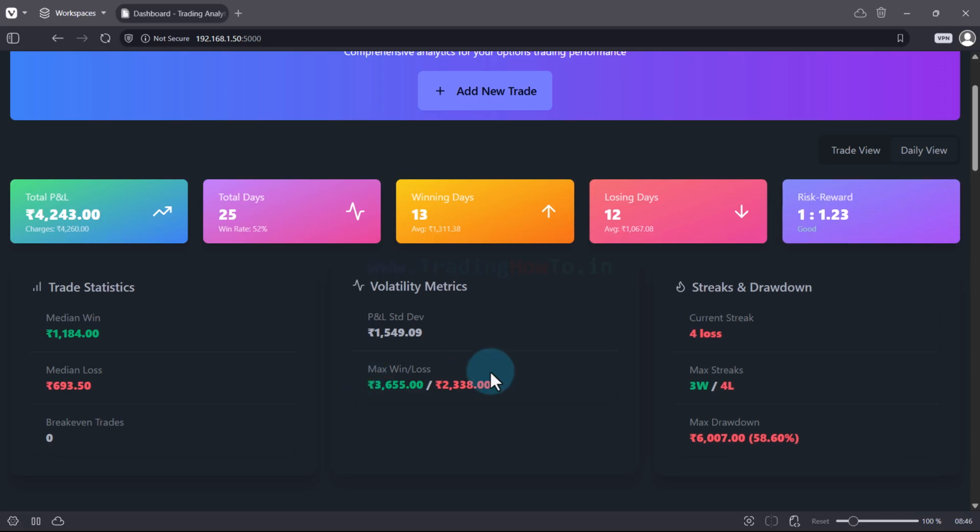The max loss in a day is 2,338. Max profit is 3,655. Current streak is 4 losses, and the max streak is 4 wins in a row and 4 losses in a row. Max drawdown is 6,007, again thanks to my recent overtrading. So this is the data that I have here, and let's dive into some deeper analytics.